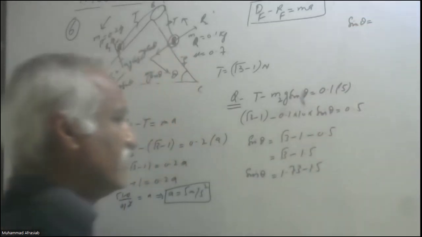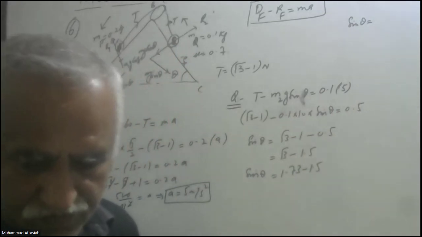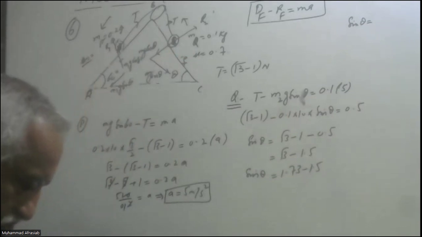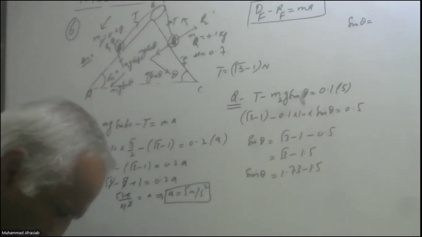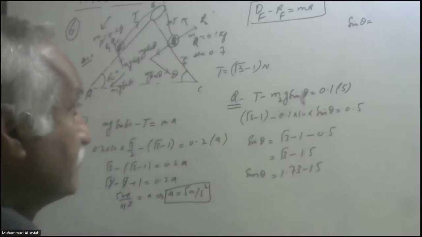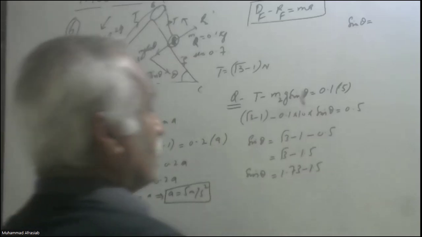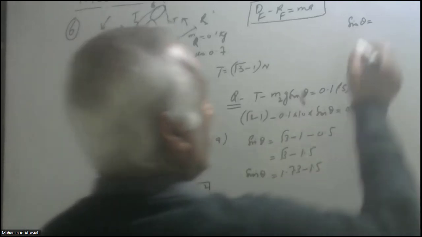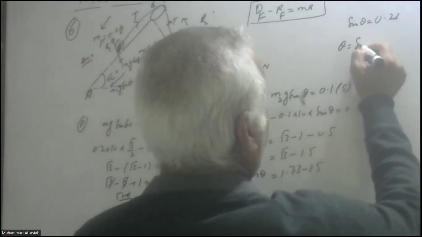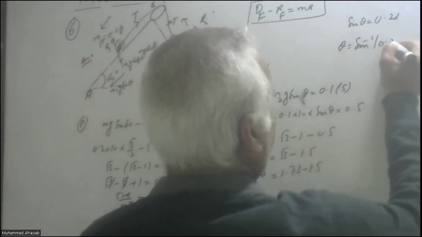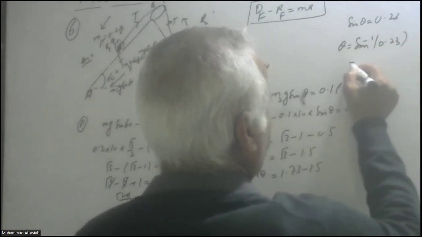Sine theta is basically equal to 0.23. Theta should be equal to sine inverse of 0.23.